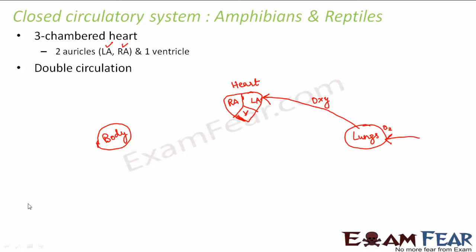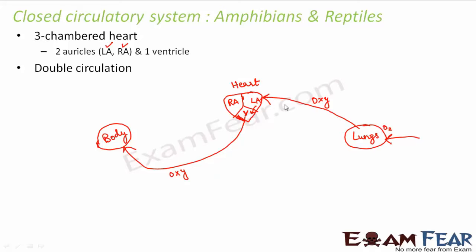The left auricle is the receiving chamber, so it receives the oxygenated blood. Now this oxygenated blood needs to be passed to which chamber? If you want to send it outside, the auricle should send it to the ventricle. What will the ventricle do? The ventricle will send the oxygenated blood to the different parts of the body.